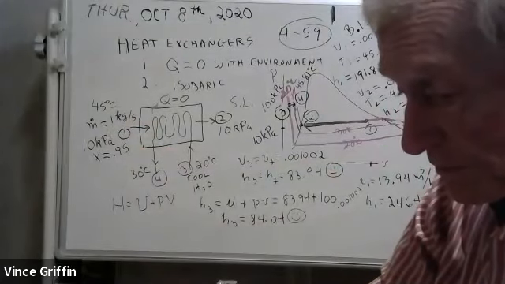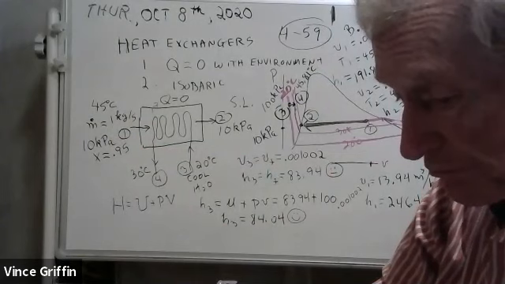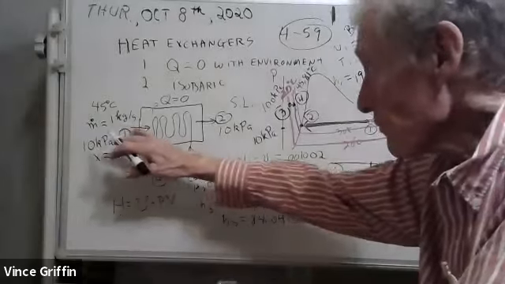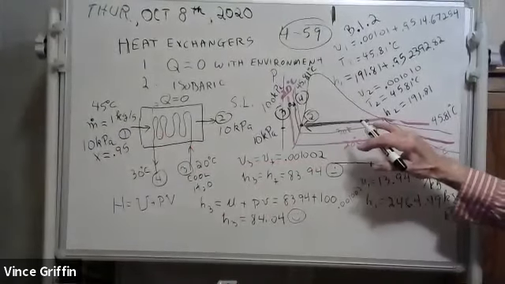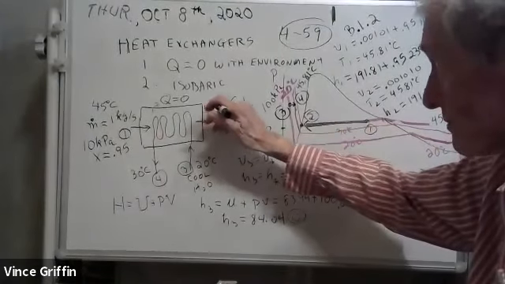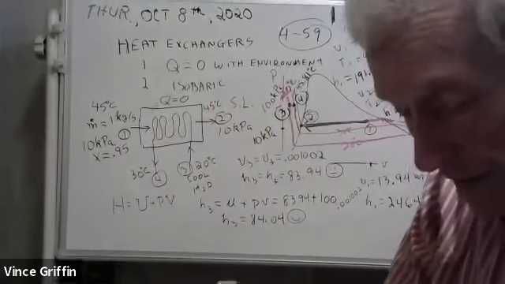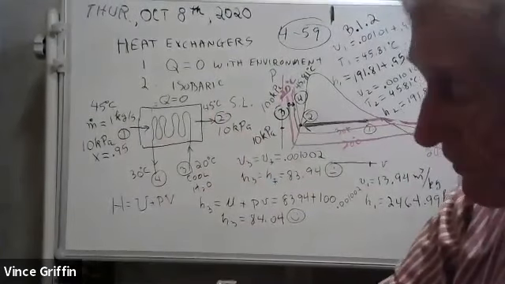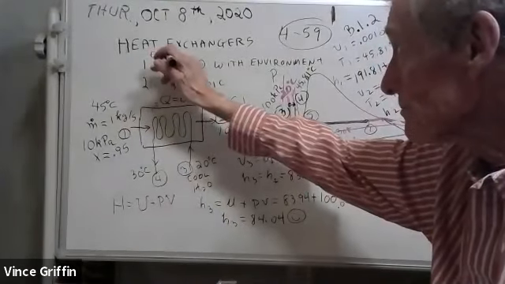But you're coming in here at 45 Celsius, and you're going out at 45 Celsius. So you're not changing your temperature any, but you're condensing. This thing is a type of heat exchanger called a condenser. There's different kinds.